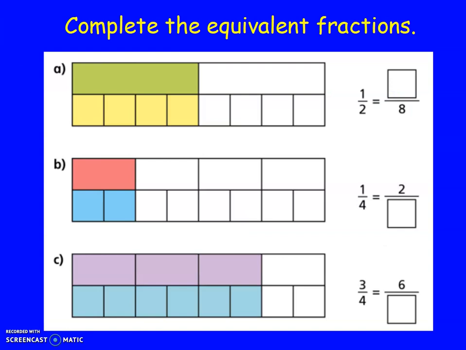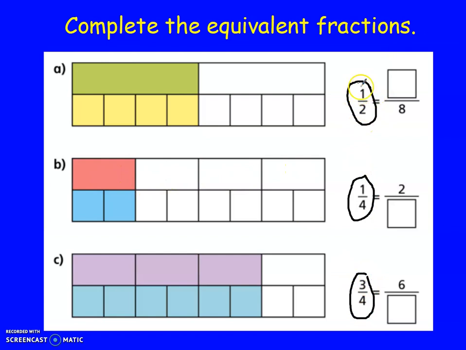I want you to have a go at this learning now. So in your books, see if you can work out the equivalent fractions. So there's a bar model on the top and there's one on the bottom. See if you can work out what the bottom is showing, which fraction is it showing. So these fractions are showing the top line of the bar model.